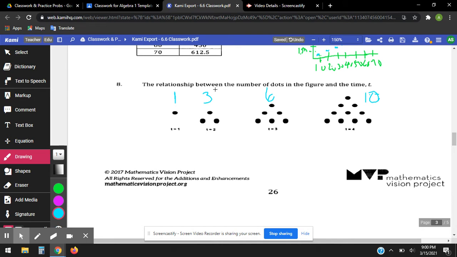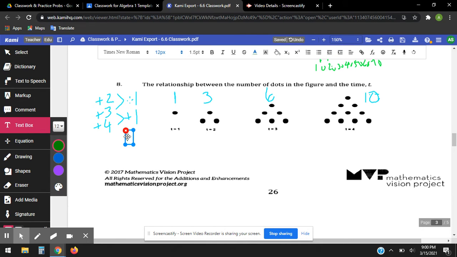Well, it's a +2, +3, +4, which means the second difference is a +1. So that should tell us A, this is a function. B, it is a quadratic function, which means it has a linear rate of change.